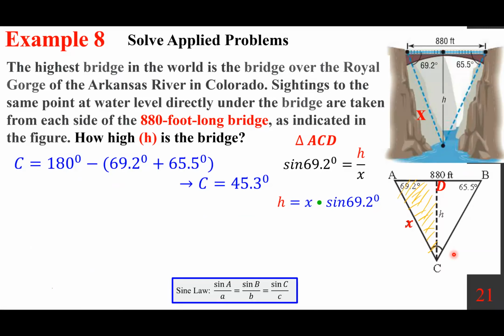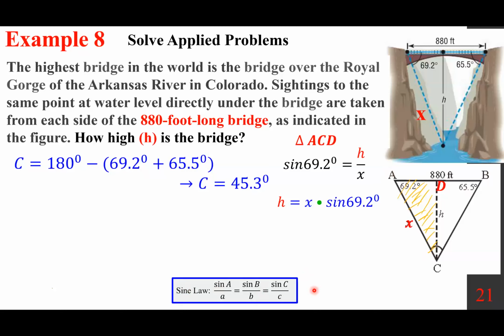Again, the big one. We have two angles. We add them up, we subtract from 180, we get the third one. Why do we do that? We have this angle, we have the opposite side. We have this angle, we can find the opposite side using the sine law.